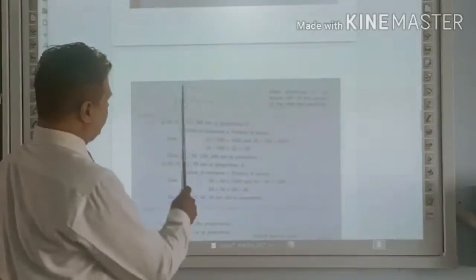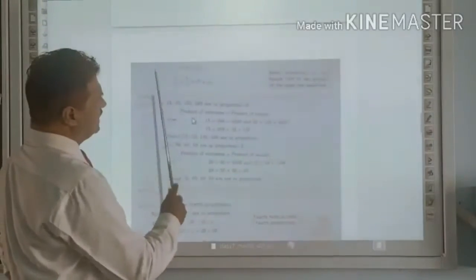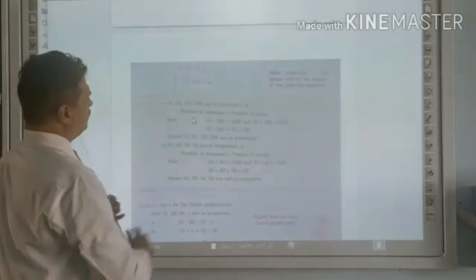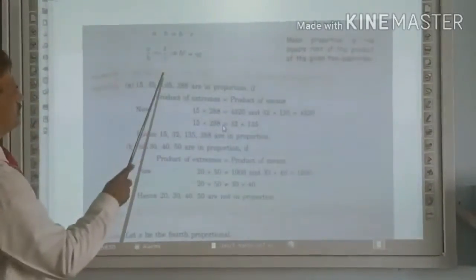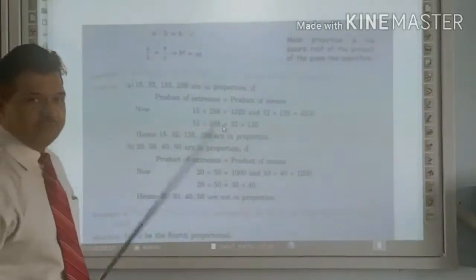Like this, A ratio B is equal to B ratio C. When we arrange A upon B is equal to B upon C, then B square is equal to AC. Why?